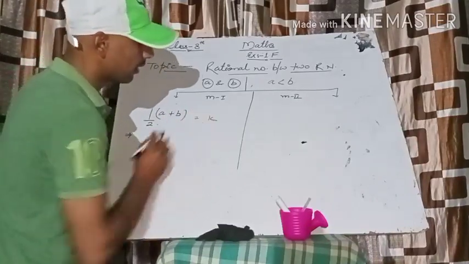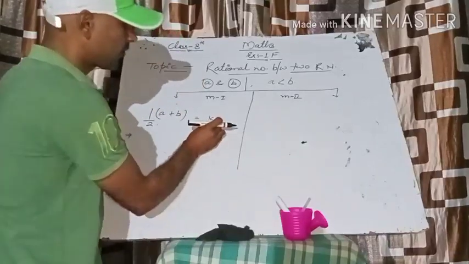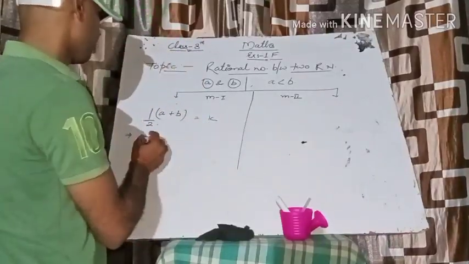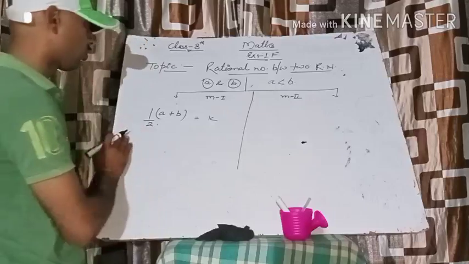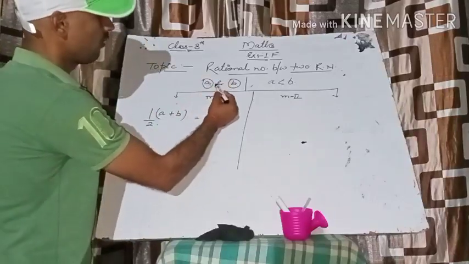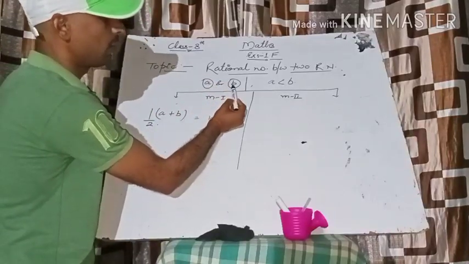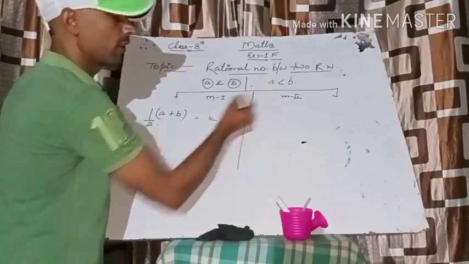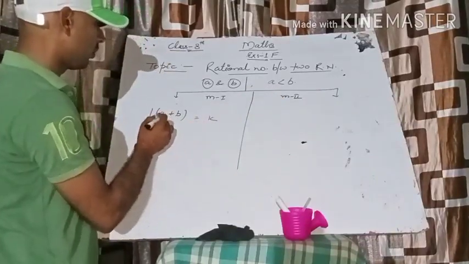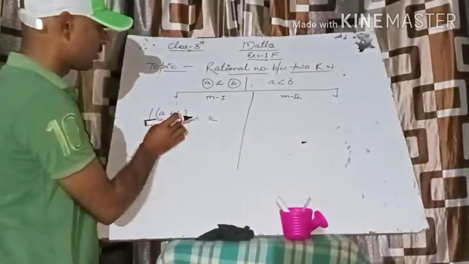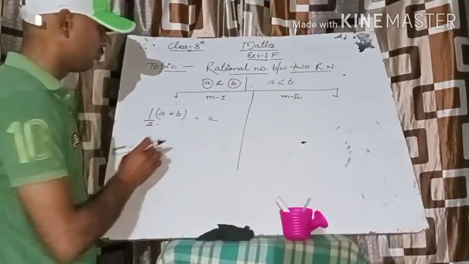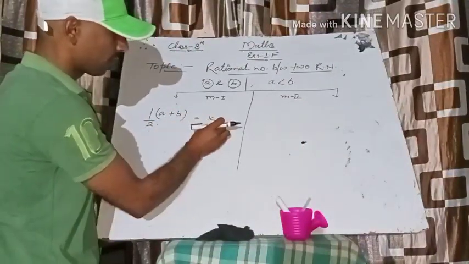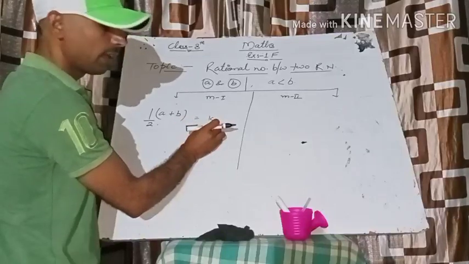Suppose it is a new rational number, let us assume it's k. If we have two rational numbers A and B, where A is smaller than B, and the sum of these is divided by 2, then we get a new rational number k.